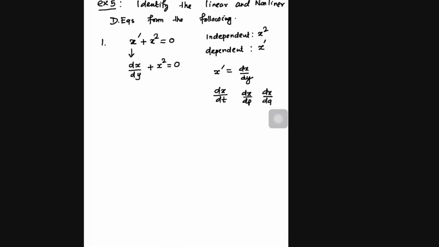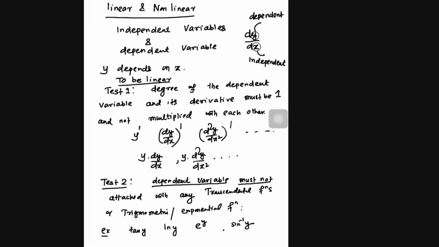This is wrong. What is the dependent variable? dy? No, dx, because it is up. See here, without the d, the x is dependent.